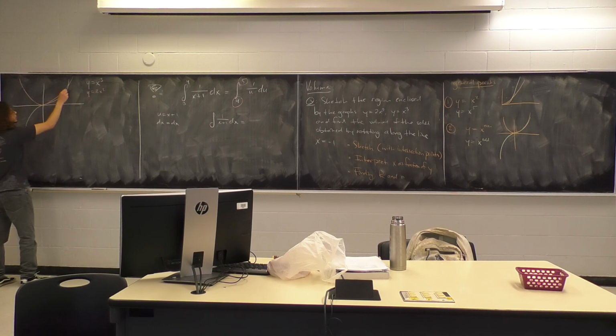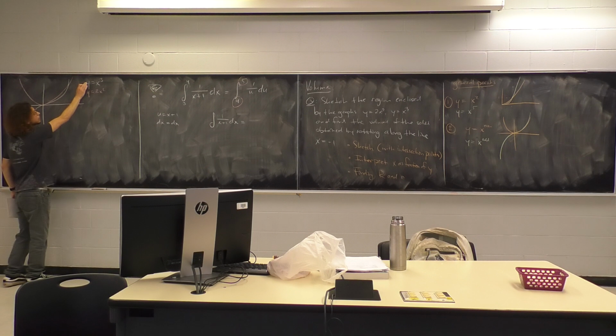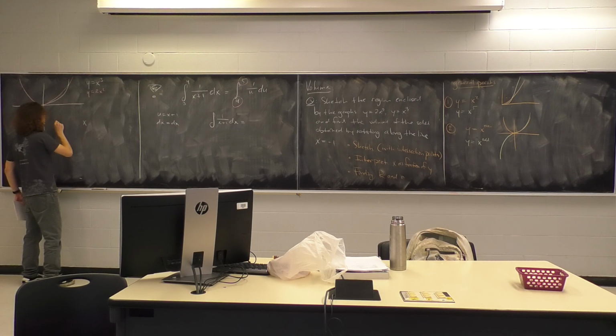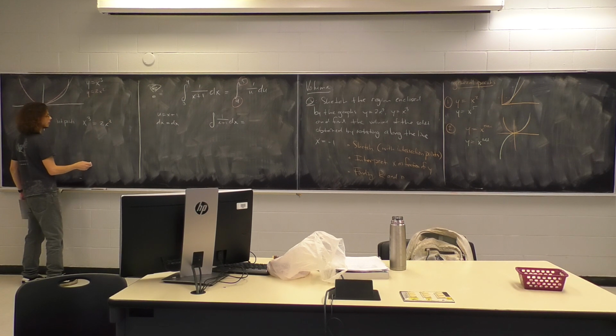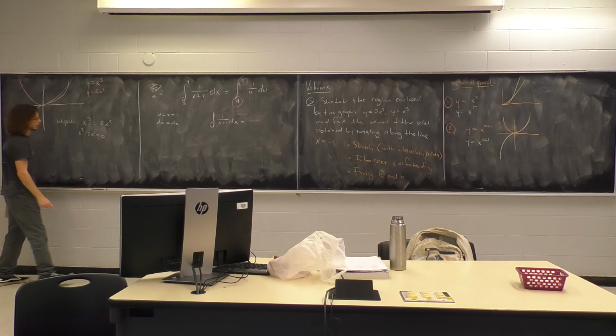If you want to find the intersection point of curves, you set one curve equal to the other, so this y should equal this y. So for the intersection points: x cubed equals 2x squared. Take the 2x squared to the other side, you get x cubed minus 2x squared equals 0.